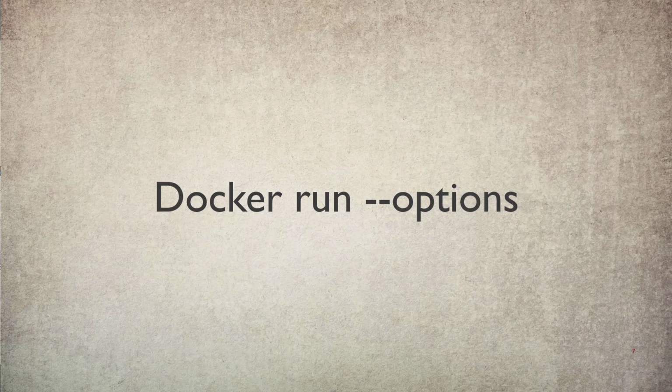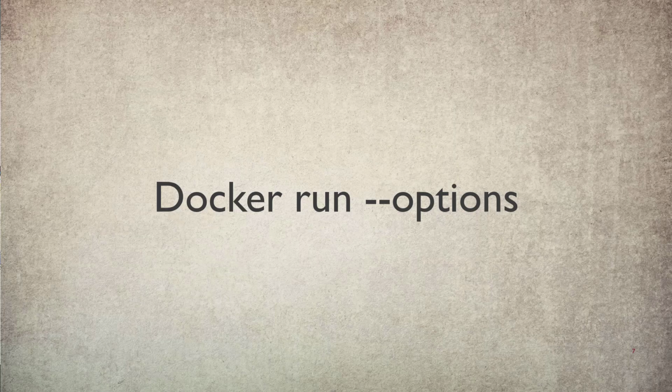So the next command we're going to talk about is the docker run option. Docker run is a command that's used to start a new container, and we know that already. But the -option flag is a placeholder that refers to the various options that can be used with the docker run command.